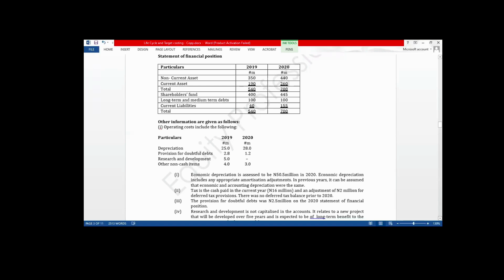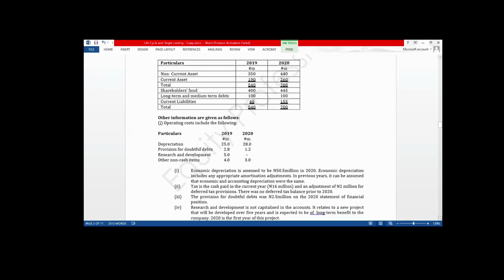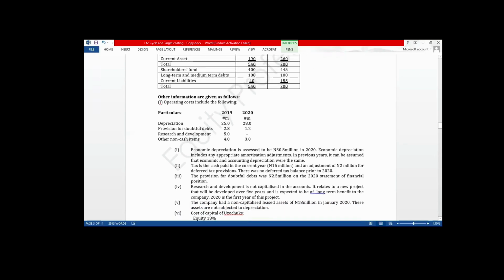Next, research and development cost is not capitalized in the account. It relates to a new project that will be developed for 5 years and is expected to be of long-term benefit to the company. 2020 is the first year of the project.